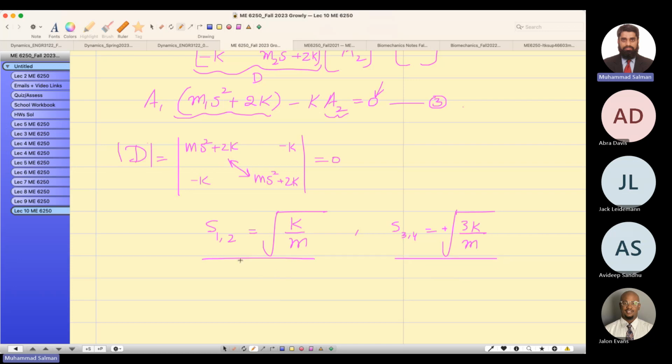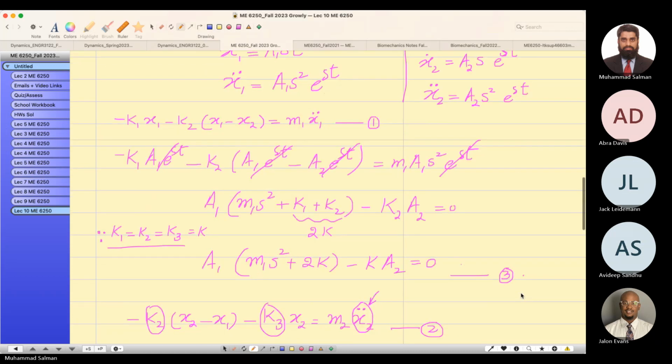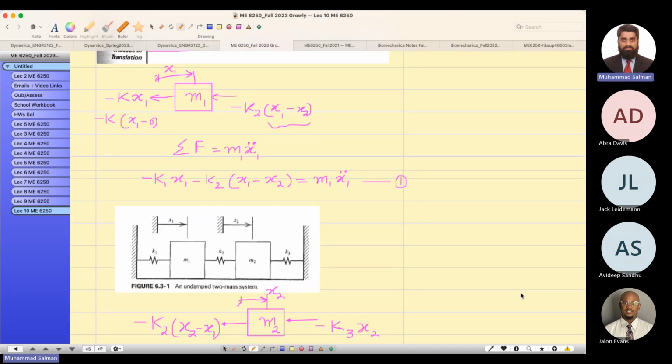So this is the lowest frequency, and this is the next highest, which is 3k. By the way, if you see two masses, in this case there are two masses, you should have two natural frequencies.